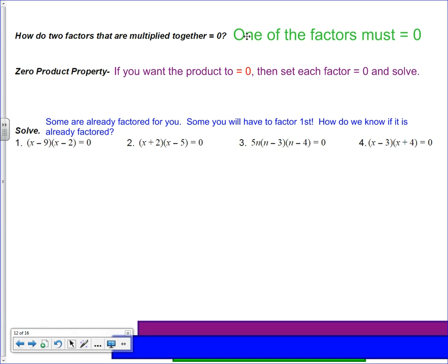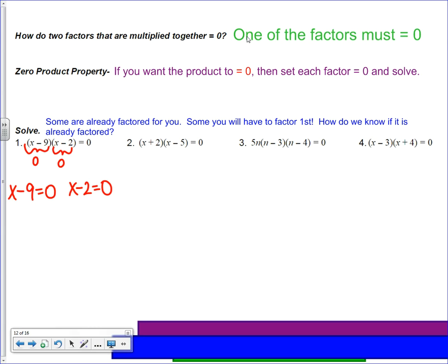Now notice these are all set equal to 0, yes? So if I want x minus 9 times x minus 2 to be equal to 0, either this thing has to be equal to 0 or this thing has to be equal to 0. Agreed? So do that. Now this should be very easy for you to solve.